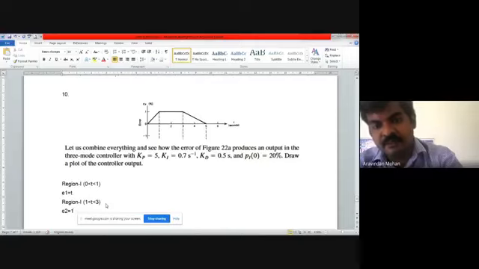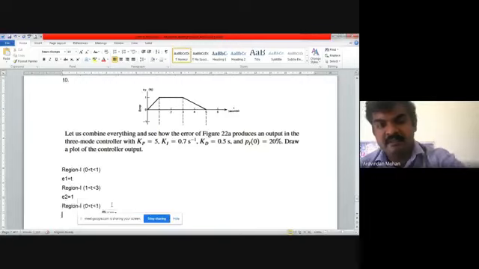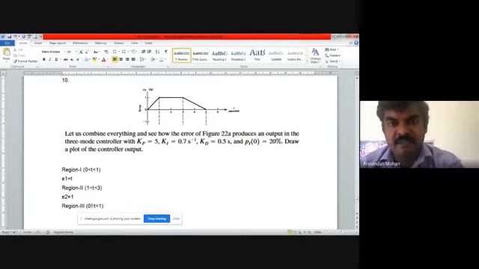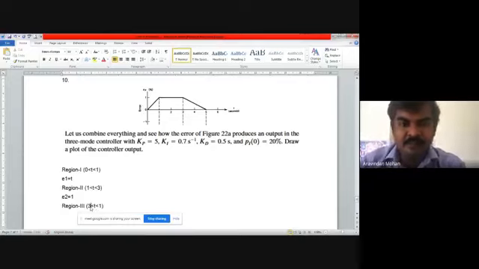So E2 is equal to 1. Then what about the third region? The third region is between 3 to 5, so 3 less than or equal to t less than or equal to 5.